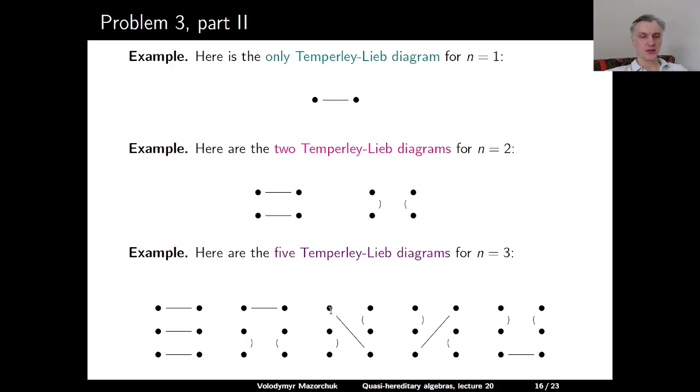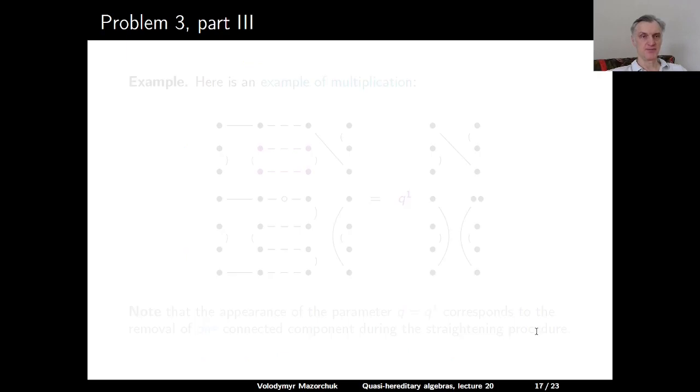Or we connect the top left point with the bottom right point, and we connect the others on the side. Or the bottom left with top right, the others on the side. Or in the bottom it's connected from left to right, and the 2 points are connected on the side. So we have 5 temporal Lieb diagrams for n equal to 3.